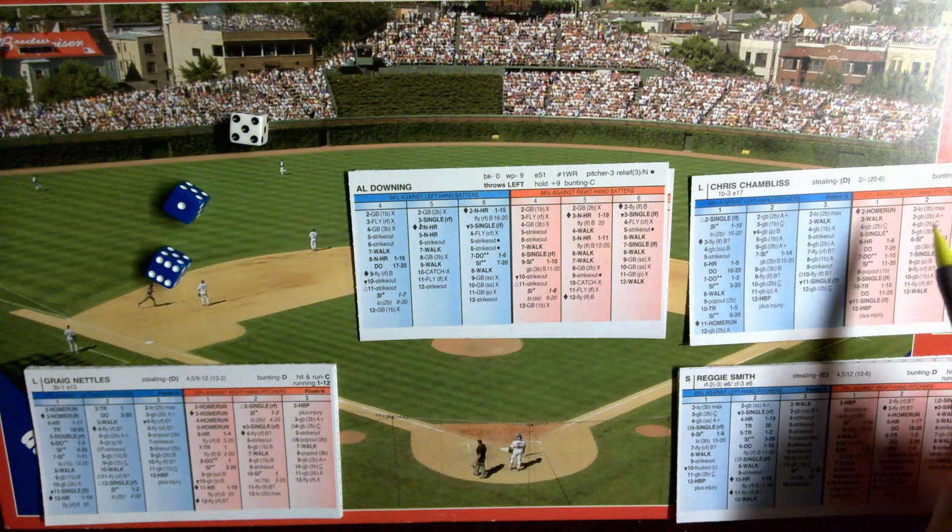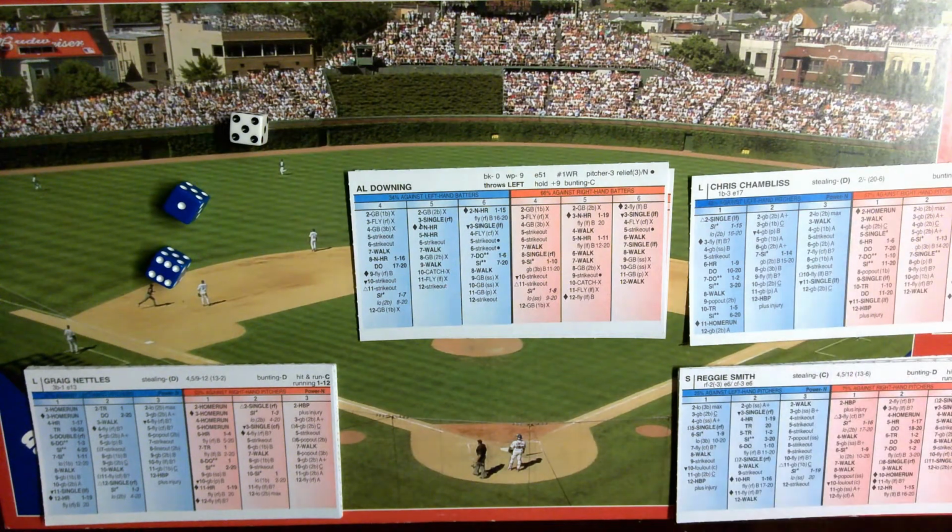So I'm going to leave Chambliss at first, but I do think I'm going to look for a pinch runner for Chambliss. So let me just look at my cards real quick here. Looking for someone who's got speed and could possibly do something with that stolen base calculation that I had brought up.